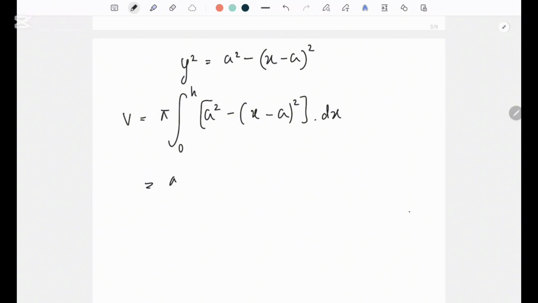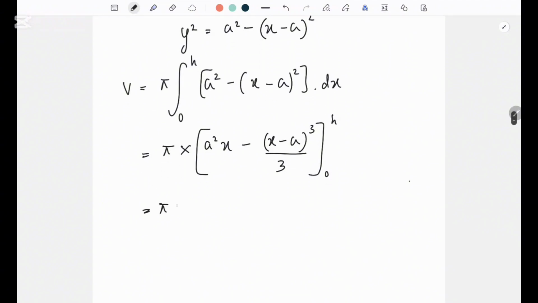So let's integrate this. We have pi times, what's the integration of a squared? That's a squared x, since a is a constant, minus (x minus a) to the power 3 over 3. That's easy integration. Now let's put in our limits 0 to h.